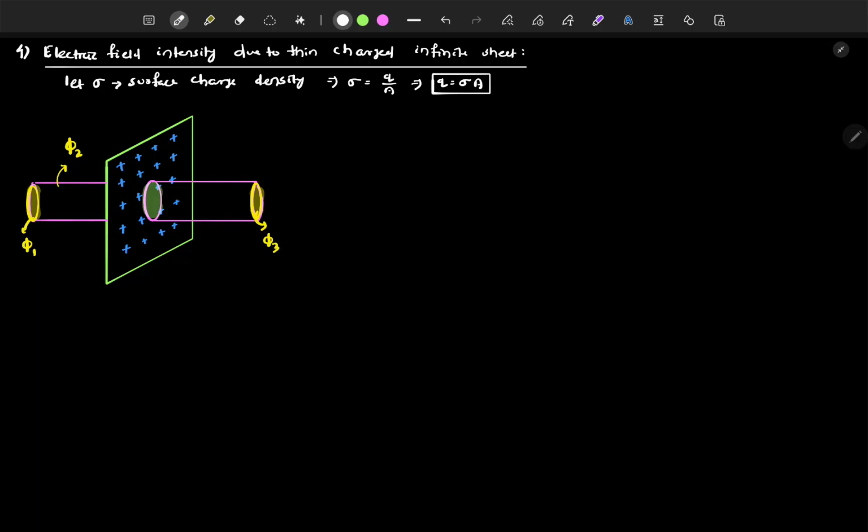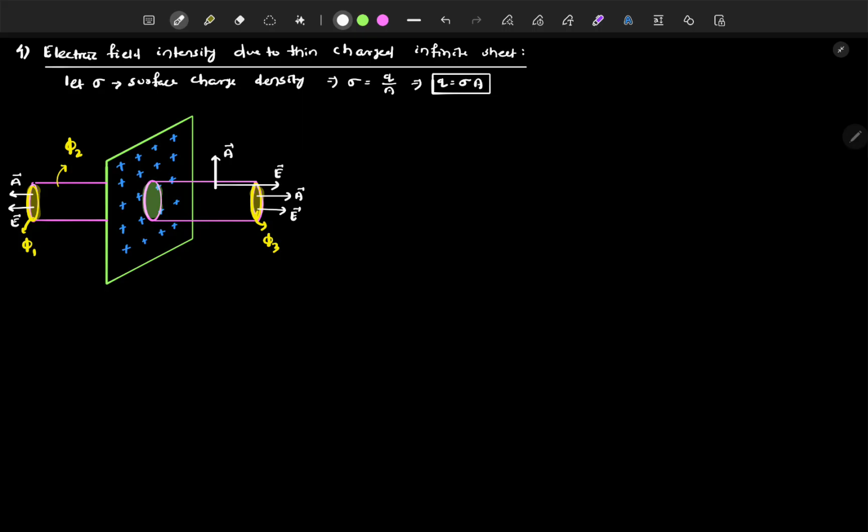If we draw the area vector, this is your area vector, and for the third surface the electric field vector is along the positive x-axis. For the first surface also, this is the area vector and this is your electric field vector E. For the curved surface, the area vector is in the outward direction, and the electric field is along the positive x-axis.